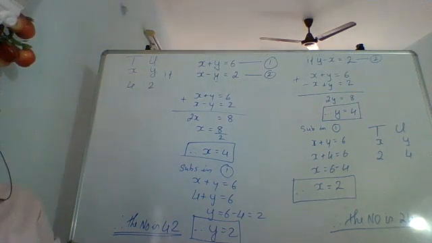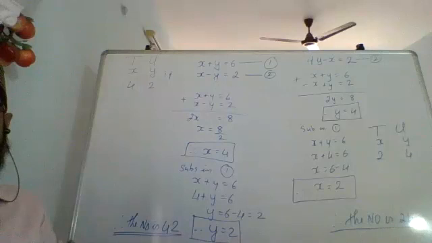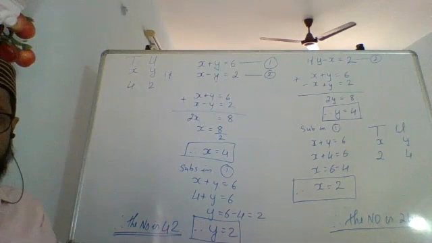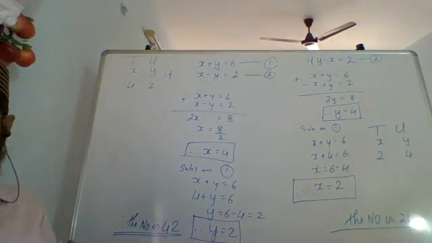One very important thing now, you have to do exercise 3.3 as well as 3.4. 3.3 is by substitution, 3.4 is by elimination. So that when we meet on Monday, we will look at the third algebraic method, that is cross multiplication.